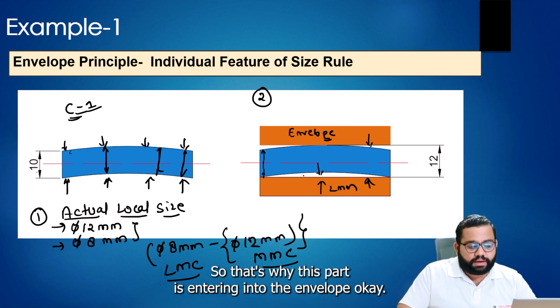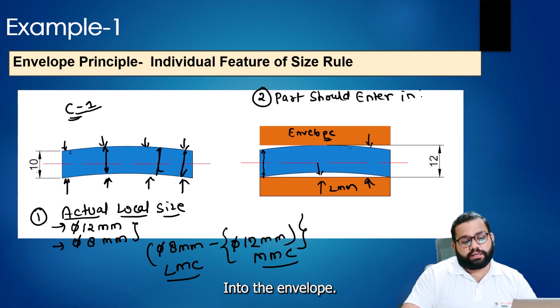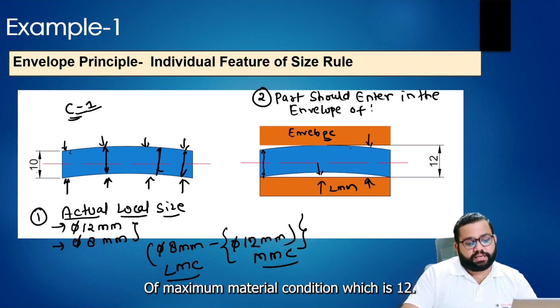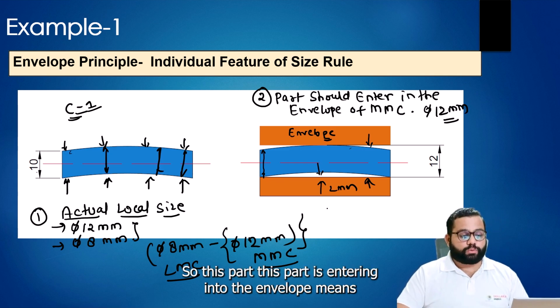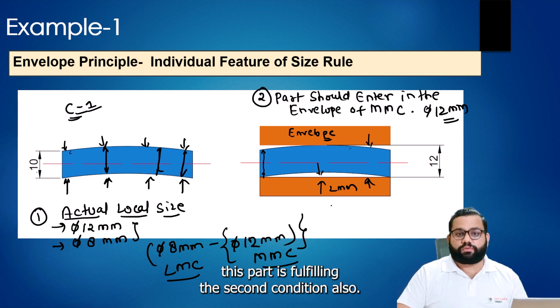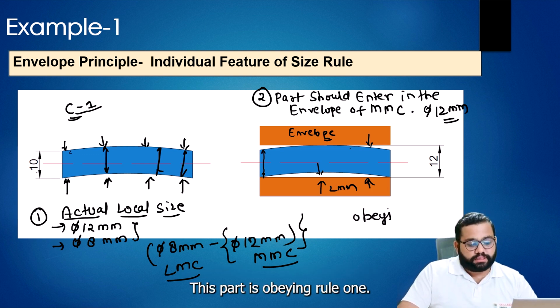So this part should enter into the envelope of maximum material condition, which is dia 12 mm in this case. This part is entering into the envelope, means it is fulfilling the second condition also. So this part is obeying rule number 1.